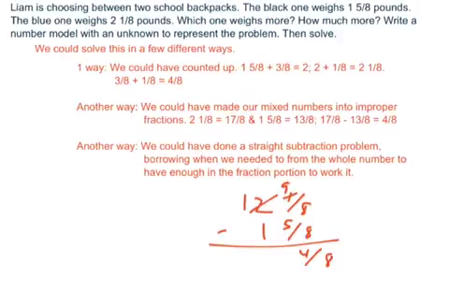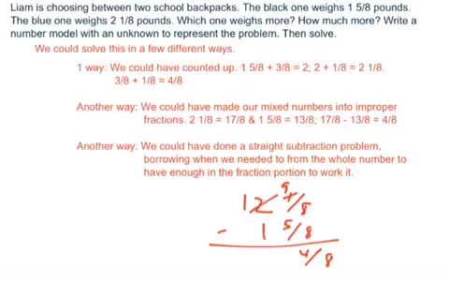Okay, so we could have solved it in a few different ways. Remember, we're trying to work our way from 1 5/8 to 2 1/8. We're trying to find the difference between them. We could have counted up. Addition is often easier for people than subtraction, so we could use addition in our favor. I've got 1 5/8, I'm trying to get to 2 1/8.